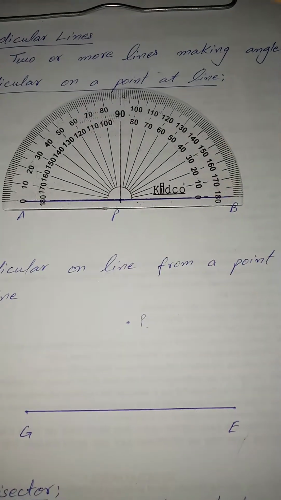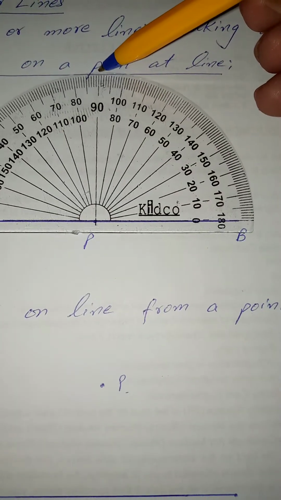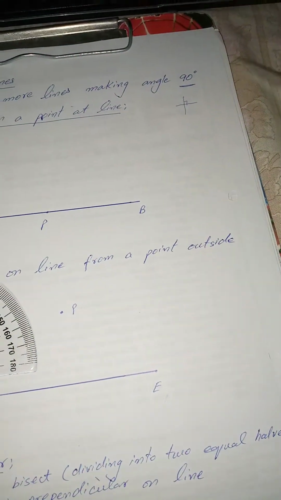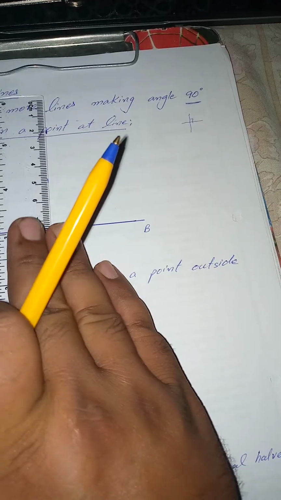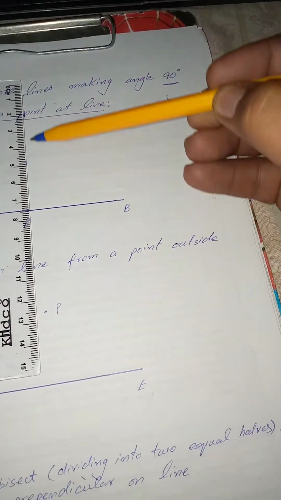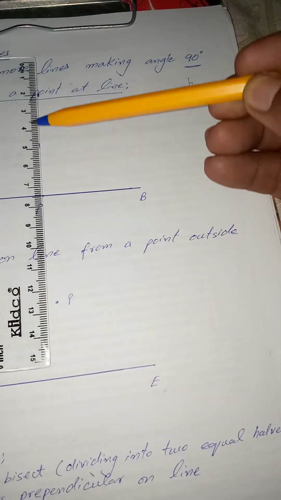Now we will see where the 90 degree is. We will place a mark on the 90 degree. Then after removing the protractor, with the help of a ruler we can join these 2 points and draw the line here, and that line would be perpendicular to AB.